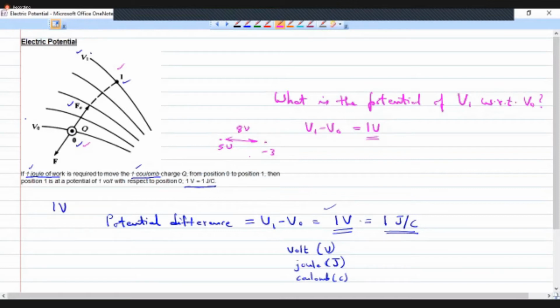With respect to one point, for example, this point is A and this point is B, with respect to B, point A is at a higher potential. So we can assign a positive sign here and a negative sign here. Similarly, with respect to A, B is at a negative potential.